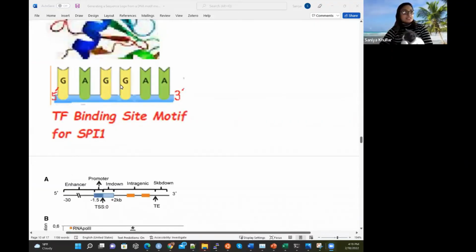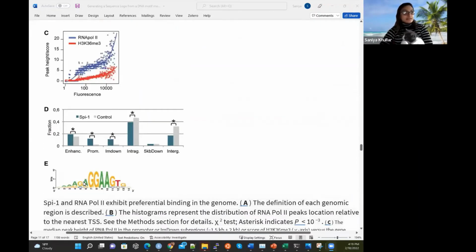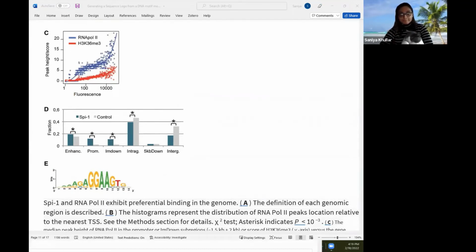And then this is how they're figuring out GAGGAA. It is along here. So we can see that along the motif, what they have gotten is kind of consistent, in a way. This GAGGAA that they talk about does fall along this sequence logo.